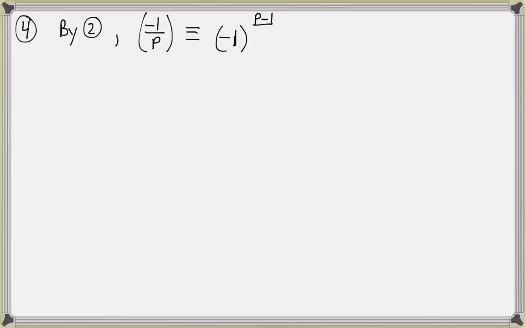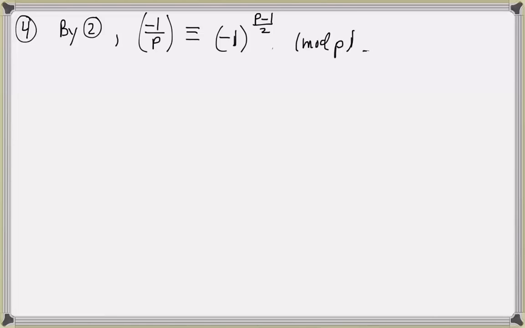Next, the proof of property 4. Well, again, we're going to use property 2. By property 2, (negative 1/p), the Legendre symbol, is congruent to negative 1 to the (p minus 1)/2 mod p, just plugging in negative 1 for a in property 2.